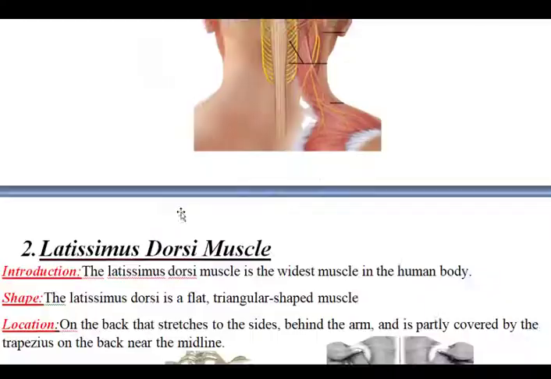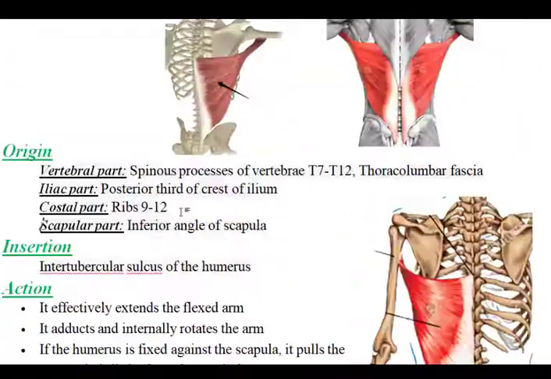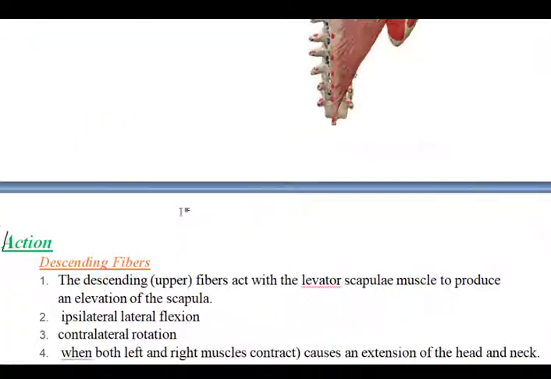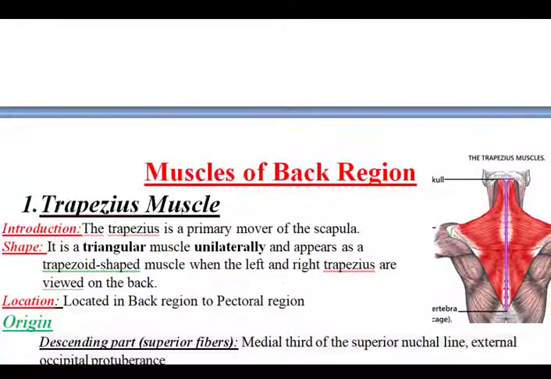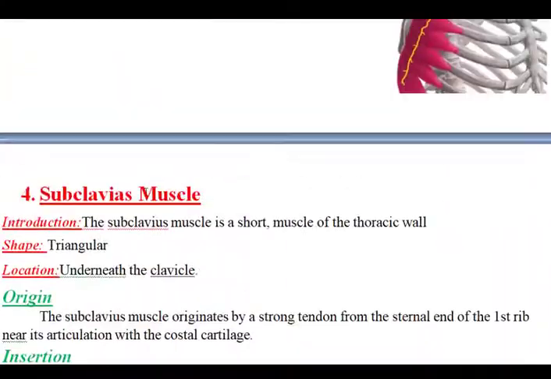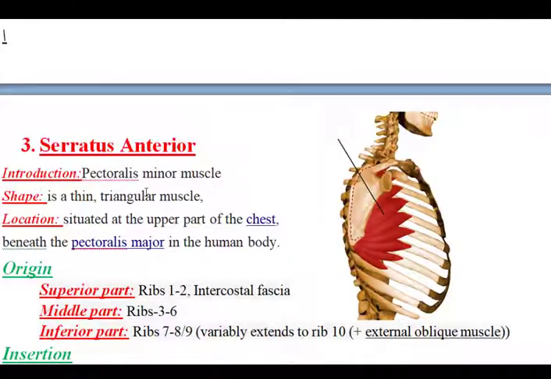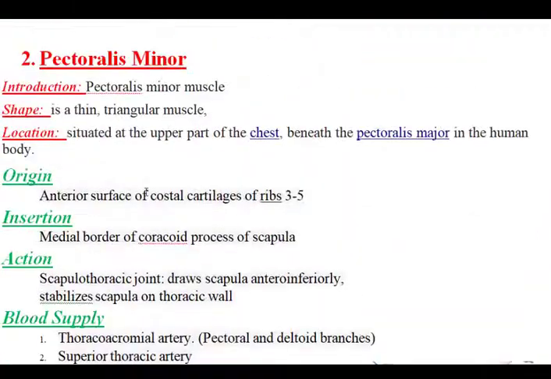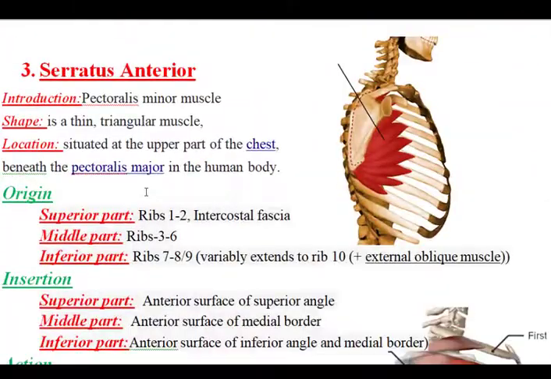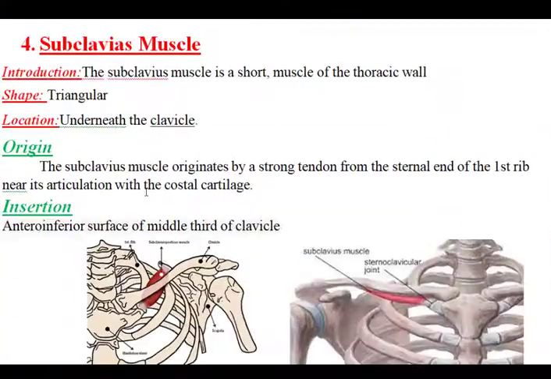So friends, what did we discuss? We discussed that the muscles of the back region are 5 in number. Before that we had discussed the muscles of the pectoral region: pectoralis major, pectoralis minor, serratus anterior, and then the subclavius muscle.